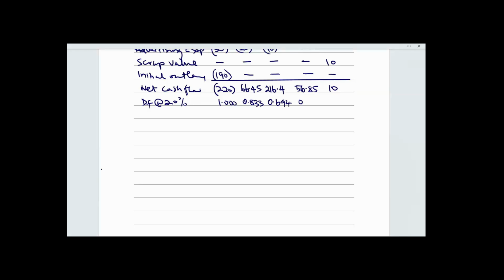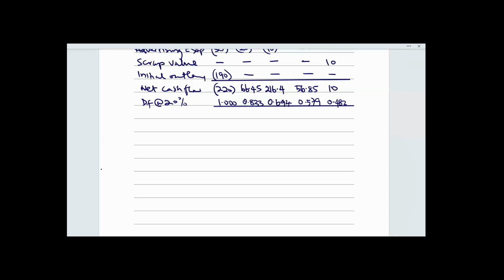Year three, 0.578, or 0.579 approximately. Then year four, 0.482. So we need to get the present value.